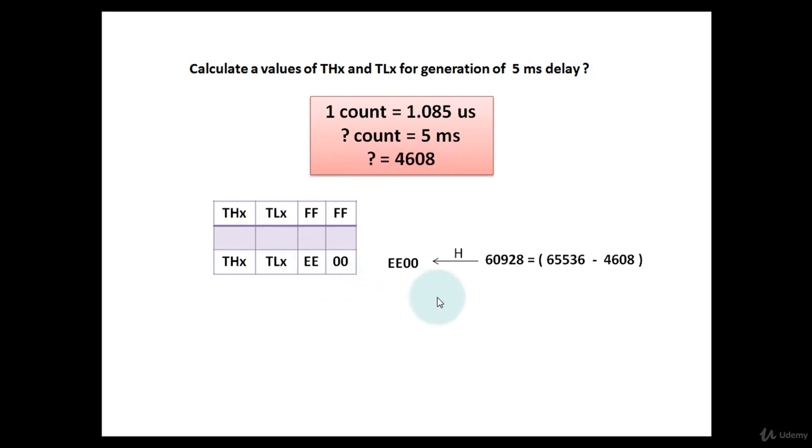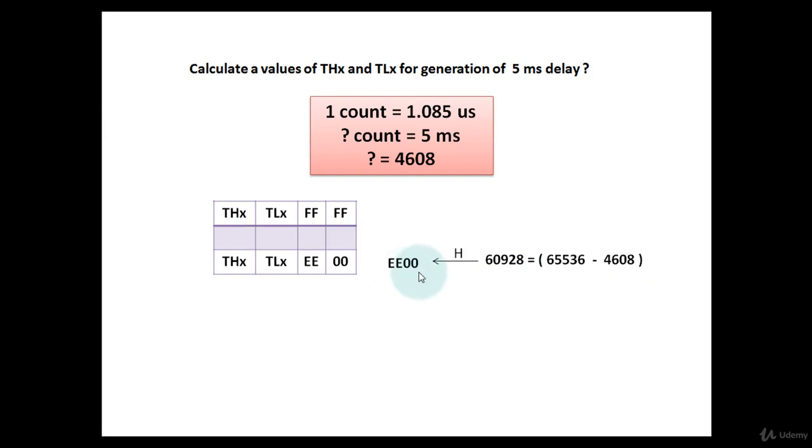Since we are talking here about mode 1, where the timer is a 16-bit timer, the maximum count possible by this register is 65536 in decimal, FFFF in hex. So 65536 minus 4608 gives us 60928. This decimal value, if we convert it into hex, is EE00.